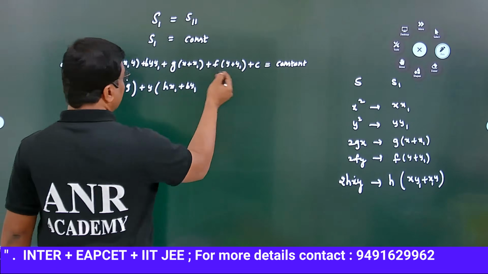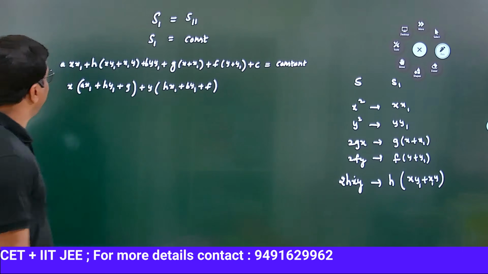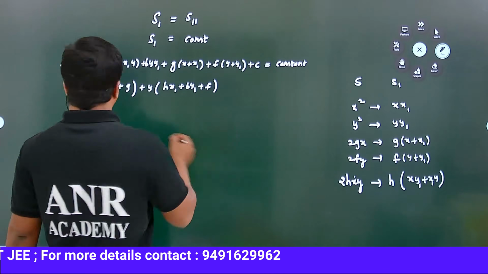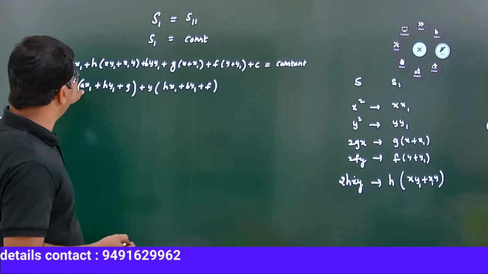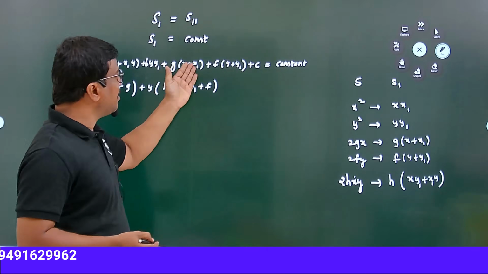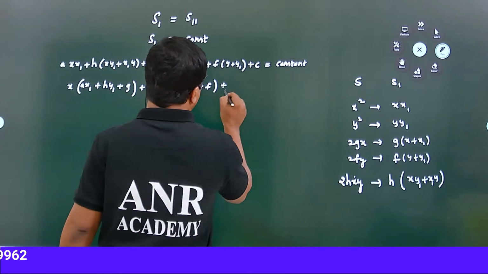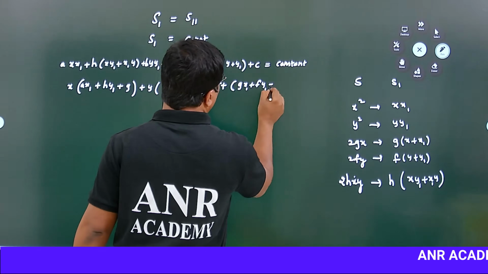Next, here y common, so that you will get f inside, and remaining terms, here it is x term, remaining gx1 plus fy1 plus c, right? gx1 plus fy1 plus c.